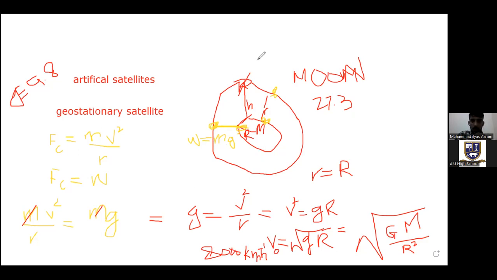Now we will discuss circular motion. So circular motion starts with the angular displacement. And angular displacement is represented by theta.